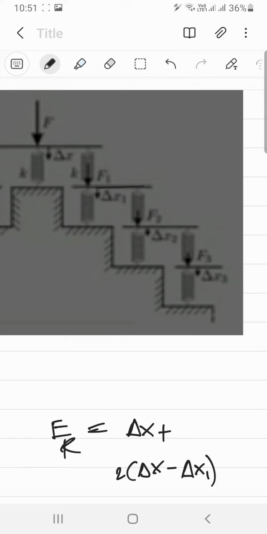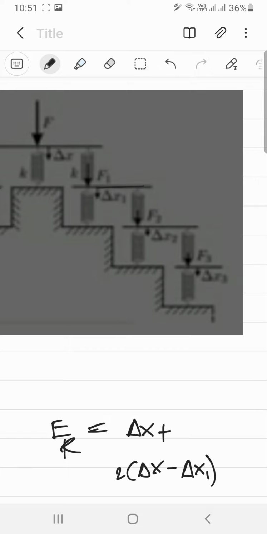The I minus 1 platform is in fact delta x I minus 1 down from what it should be, but then this platform is also down, so this has compression of delta x I minus 1 minus delta x I. That's why we got this thing. Yeah, exactly, all the terms are correct. So this is I plus 1 right there, and over here you got this thing. That's why 2 delta x I minus delta x I plus 1.